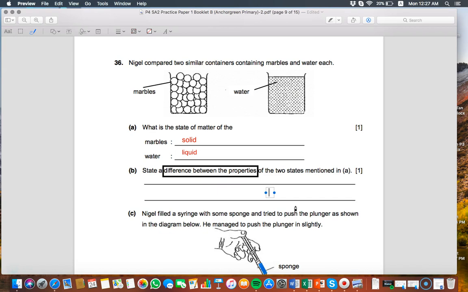When we talk about properties, we are talking about shape, volume, and compressibility. Maybe I can write down here: the volume, the shape, the compressibility of the matter.